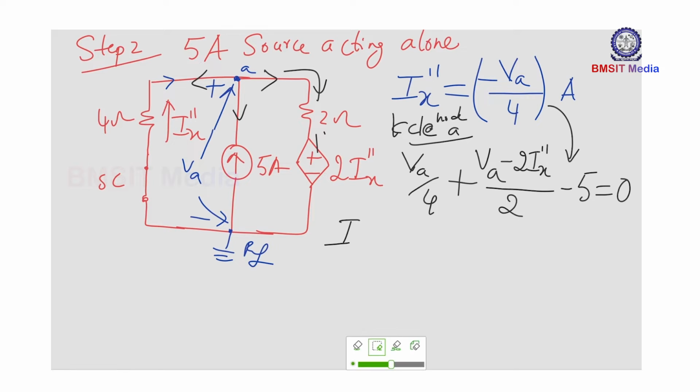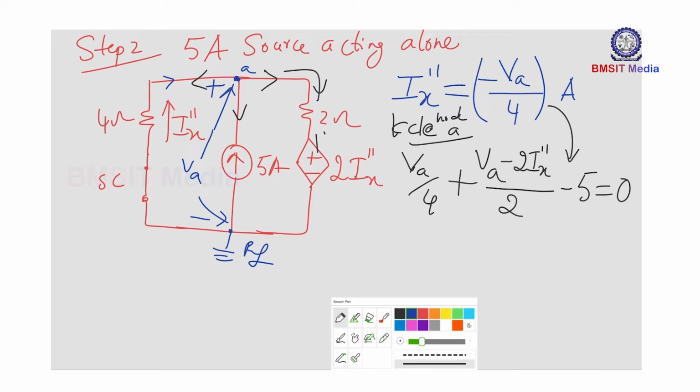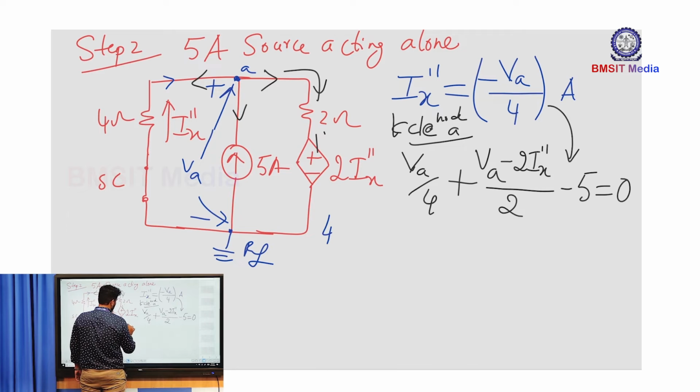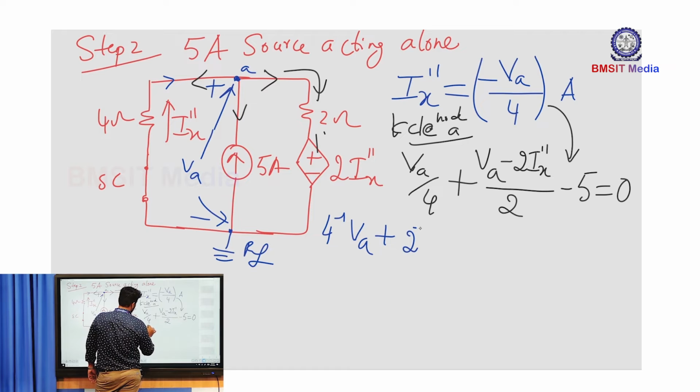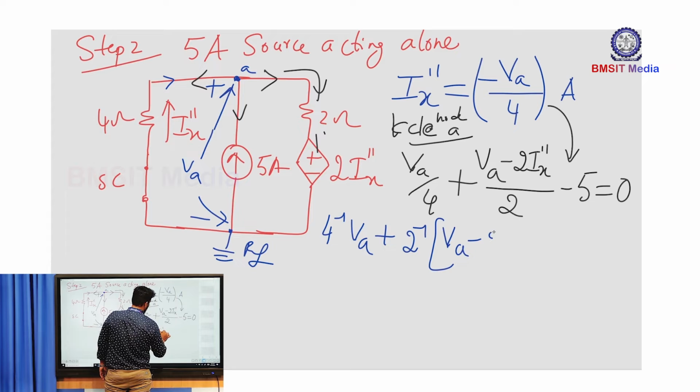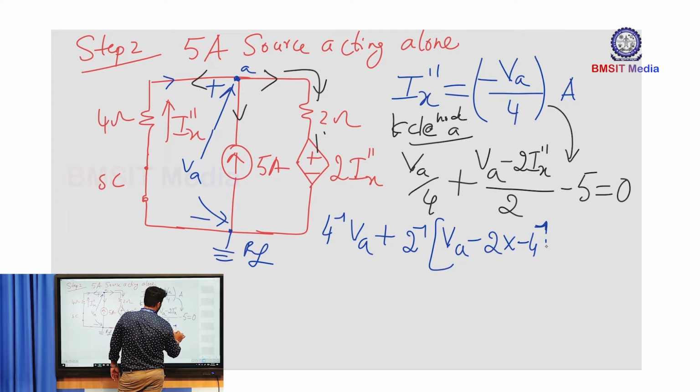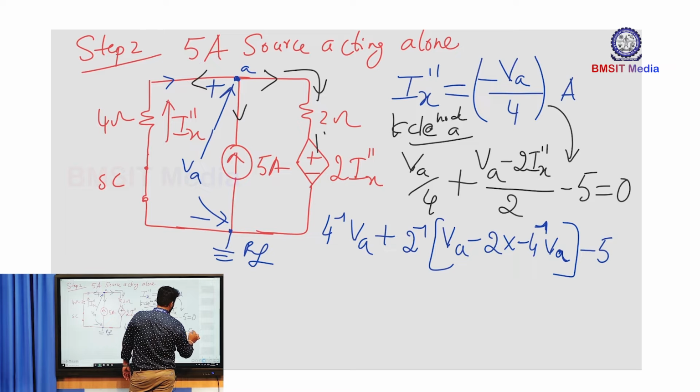So if I write that, this equation will now become 4 inverse VA plus 2 inverse into VA minus 2 into your Ix double dash, you can write minus 4 inverse into VA minus 4 inverse into VA minus 5, which is equal to 0.